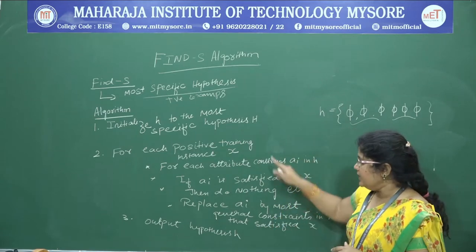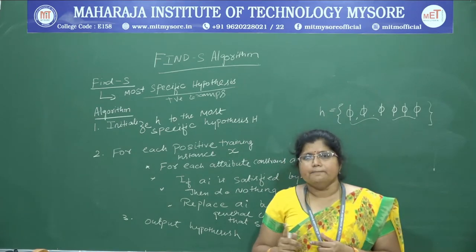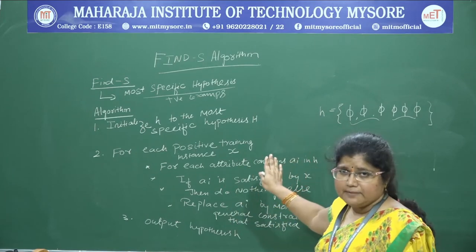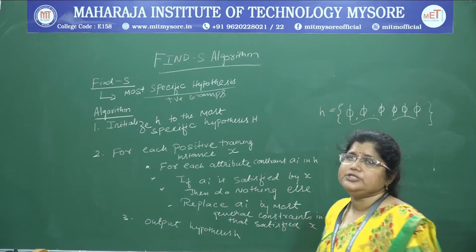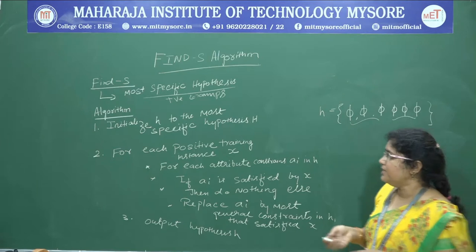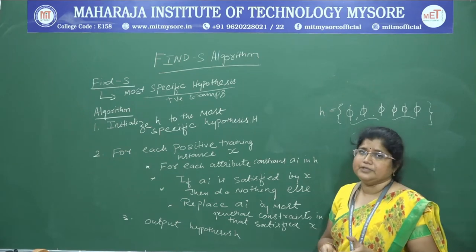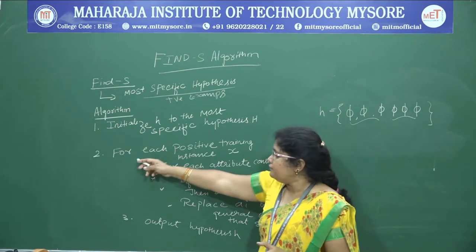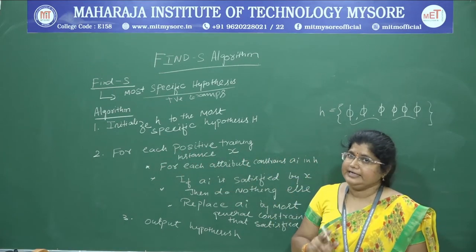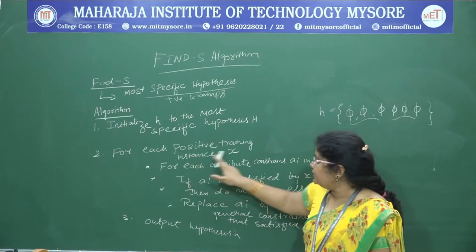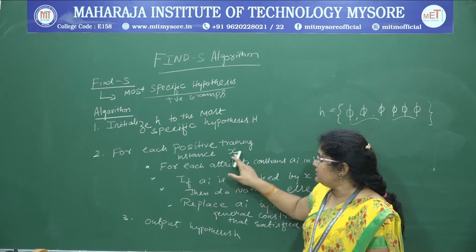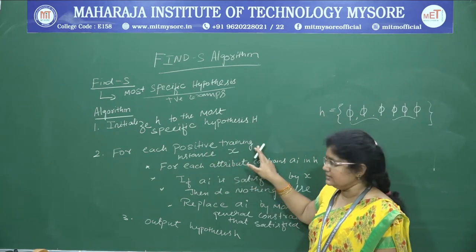After that, a comparison is made between the most specific hypothesis and the data set, where we generate a hypothesis based on the training examples. Consider only the positive training examples of the data set. For instance, instance X, consider a positive training example.